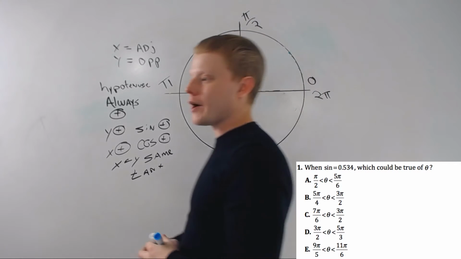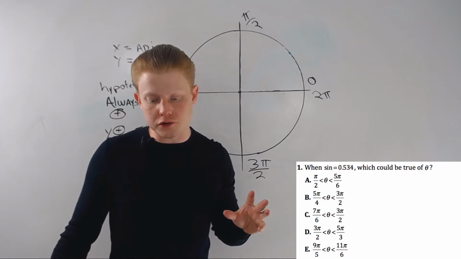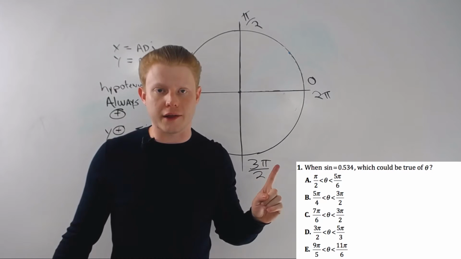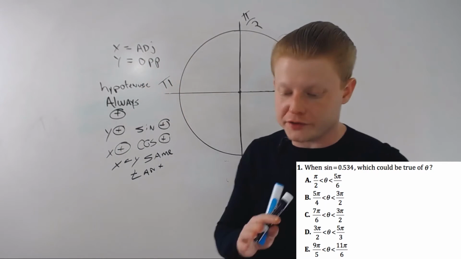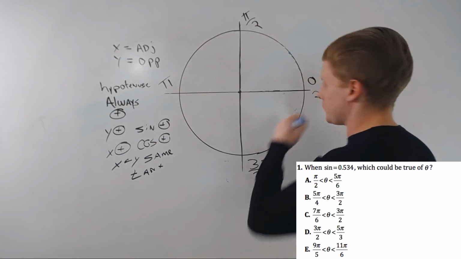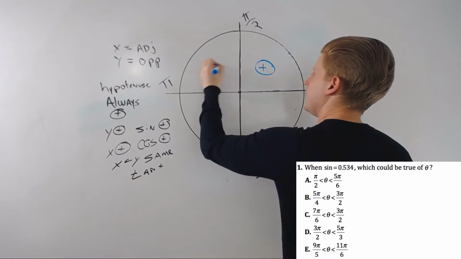So here's the secret about these kinds of questions. They like them a lot. But the way they're usually going to work is this. There's only going to be one answer that's in the right quadrant. So let's take a look. We're looking for a positive sine value, positive 0.534. Well, it's going to be positive here and here.